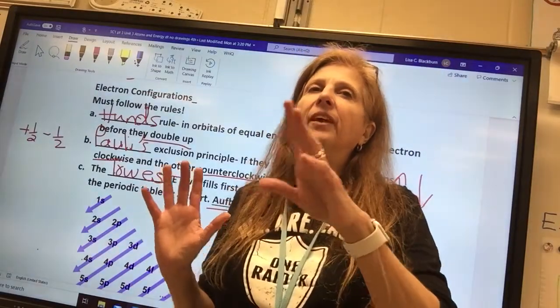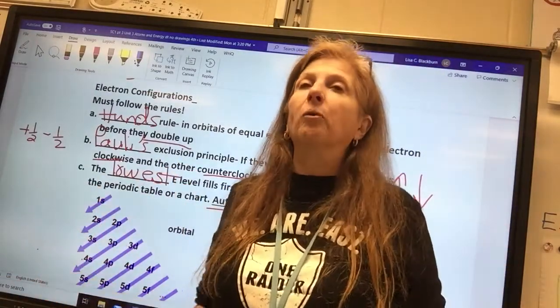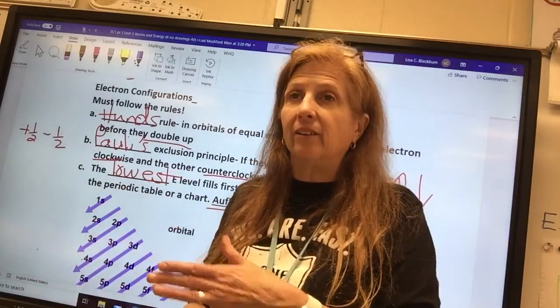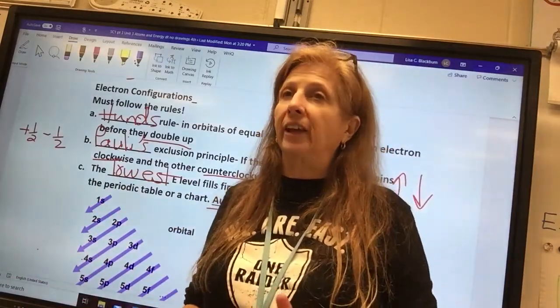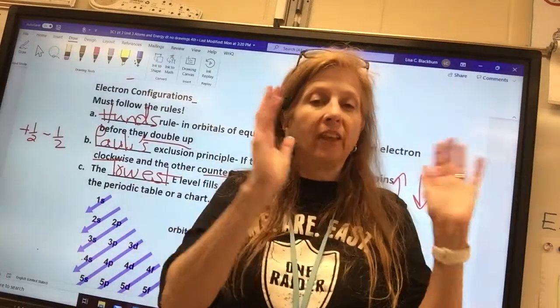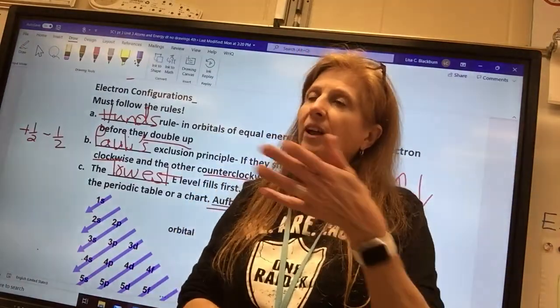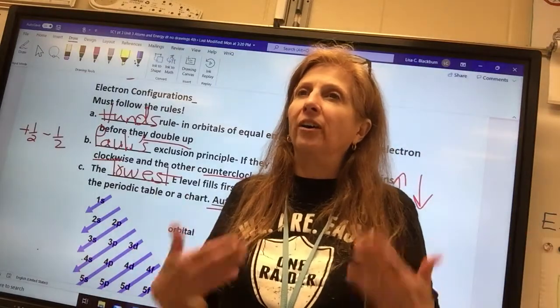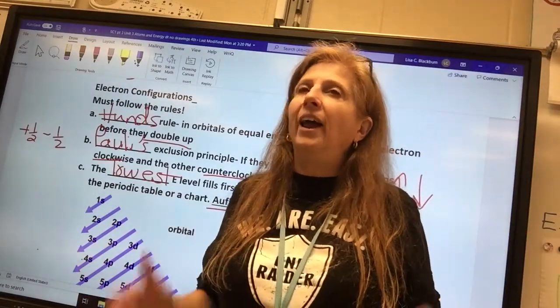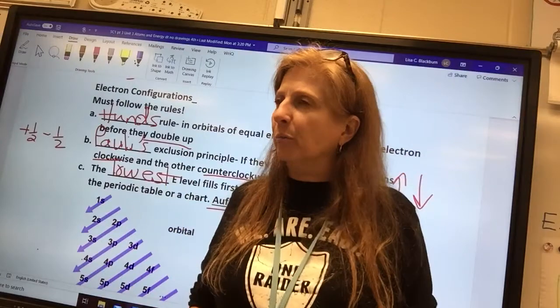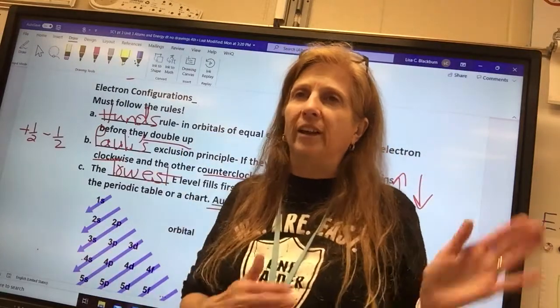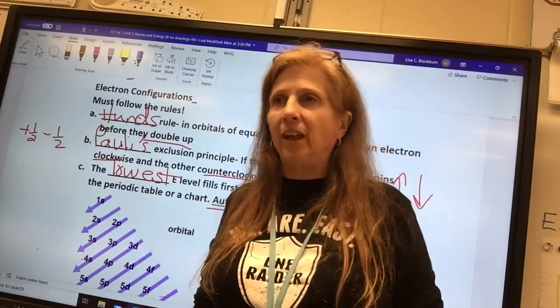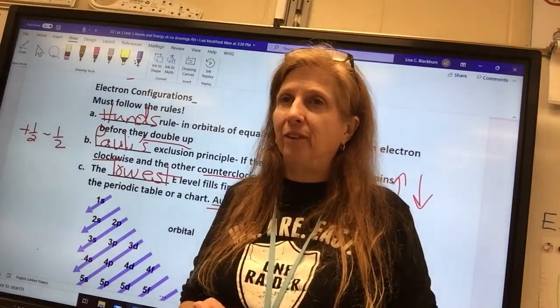He gets the next best room, the one with the good closet. Okay, then they have another kid, and he gets the other room. Not quite as good of a closet, but he still gets his own room. But then a third kid comes along, and somebody's going to have to share a room. They each get a room before they double up. Right? Is that pretty much true in real life?